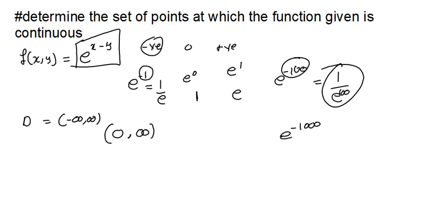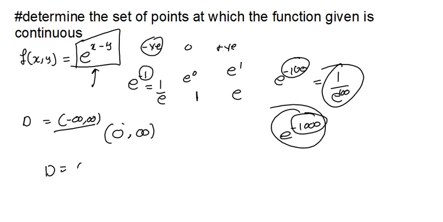It's more like you're determining the limit: as you approach negative infinity, this value approaches zero. So simply, the domain is from negative infinity to positive infinity, and this happens to be the set of points where that function is continuous.